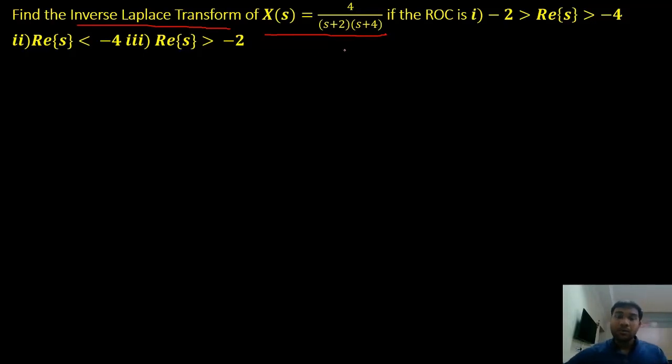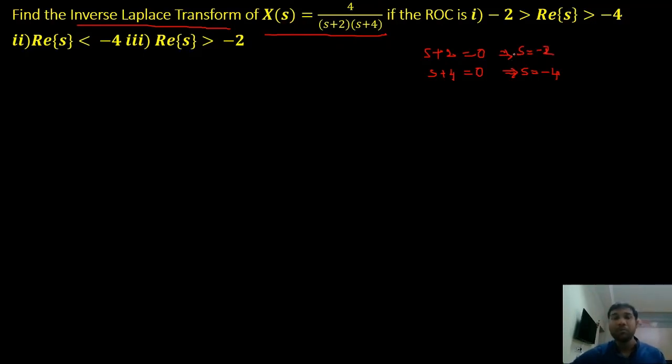If you look at the poles for X(s), when the denominator is 0, that is s plus 2 equals 0 or s plus 4 equals 0, that means s equals minus 2 and s equals minus 4. So these are the poles of my Laplace transform X(s). So the poles are minus 2 and minus 4.